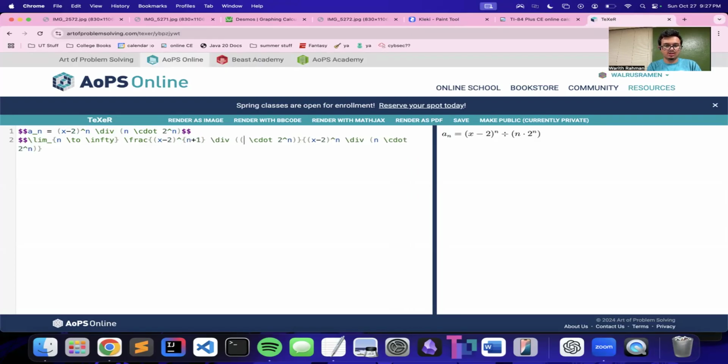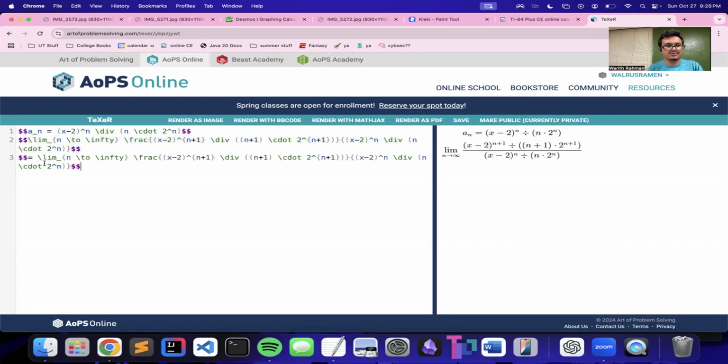So we're just going to add a bunch of n plus ones here. And then when we divide this out, a bunch of this stuff is going to cancel. For instance, x minus 2 to the power of n plus 1 over x minus 2 to the n is just x minus 2.